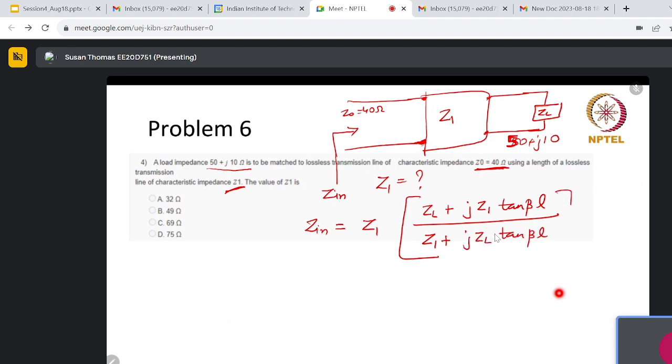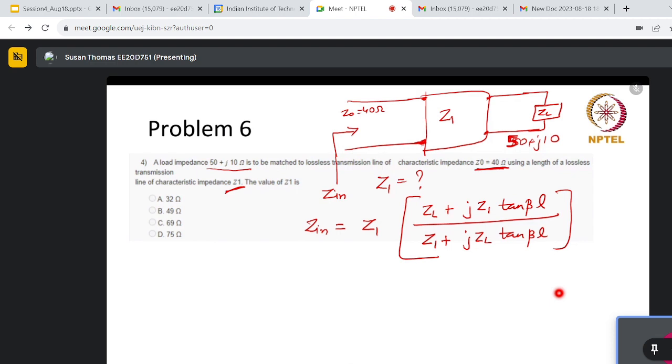So if you remember the expression for input impedance when we discussed transmission lines, in case of a lossless transmission line, you had this expression. So I have used that same expression to write here.